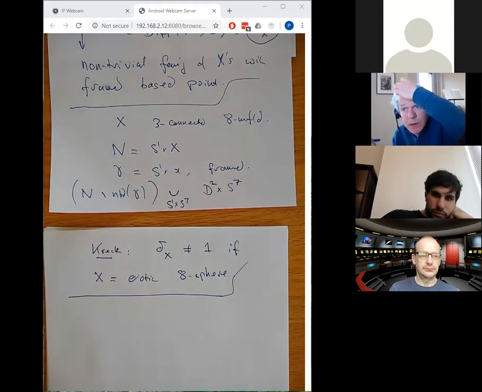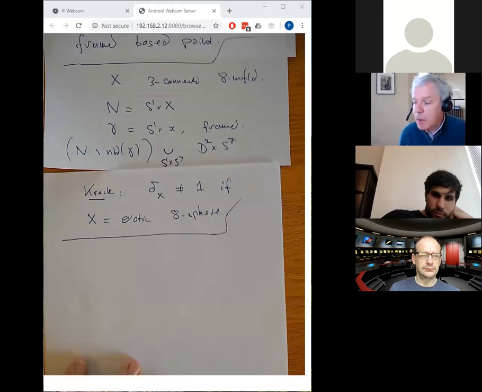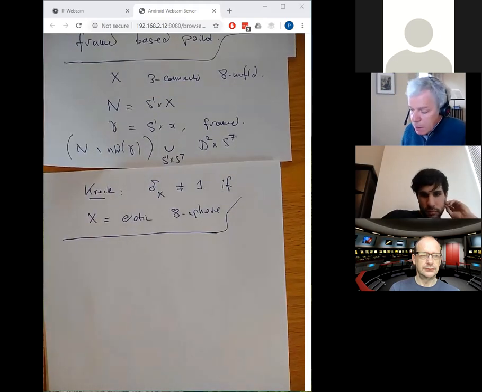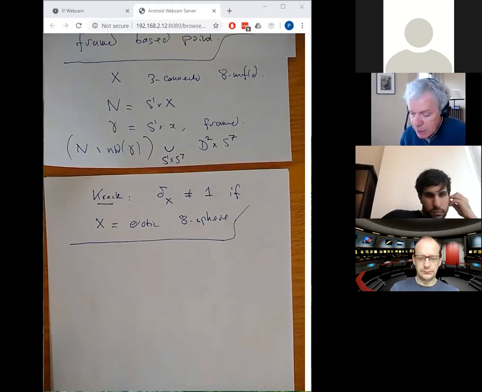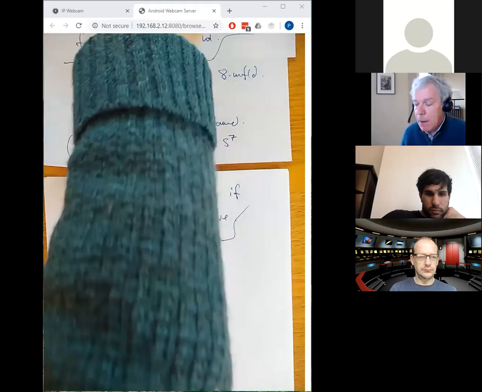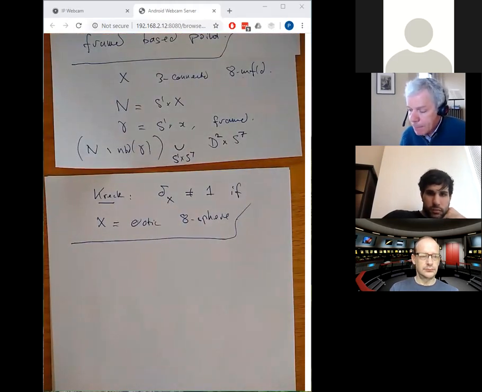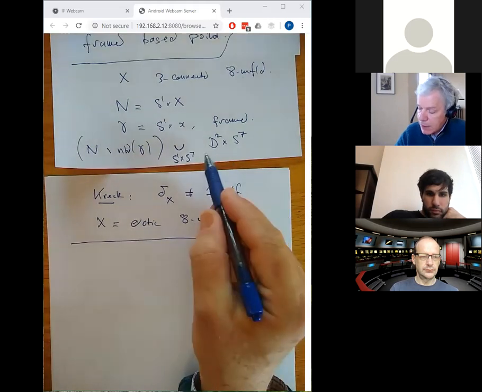That 9-sphere that you get, if you're a 4-dimensional topologist, you might recognize something about it. That exotic 9-sphere is obtained from the standard 9-sphere in this construction by how you glued in this D2 times S7.